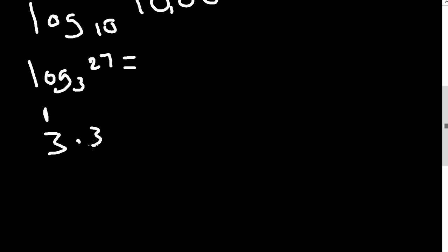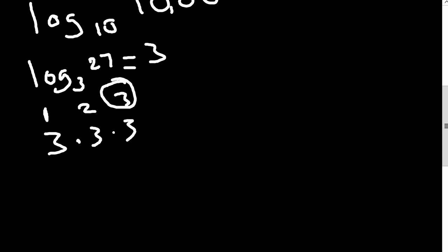If we multiply 3 by itself once, we just get 3. If we multiply it by itself twice, we get 9. And if we multiply it by itself 3 times, we get 9 times 3, which is 27. So our answer is 3. So log base 3 of 27 is equal to 3.